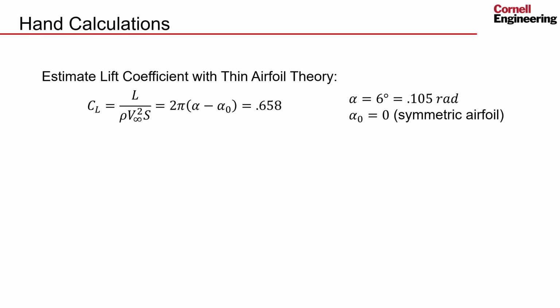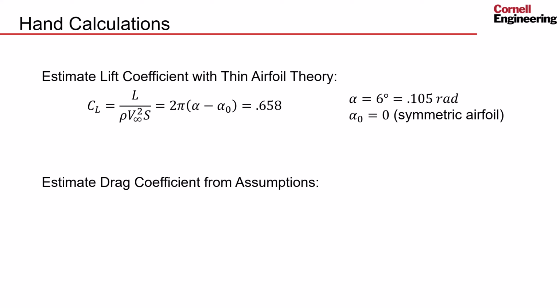Thin airfoil theory says that this equation is equal to 2 pi times the angle of attack minus the zero lift angle of attack. For a symmetric airfoil like NACA 0012, alpha 0 is 0 degrees. Using our 6-degree angle of attack in radians gives us 0.658 for our lift coefficient.